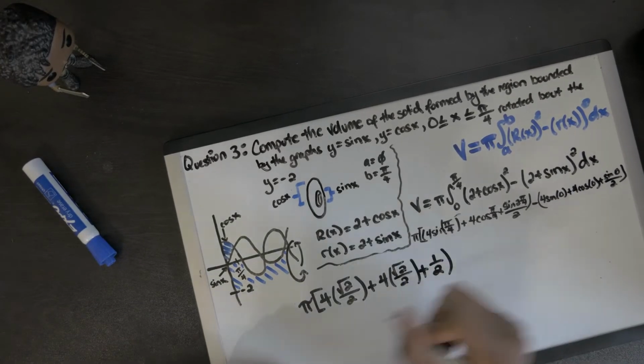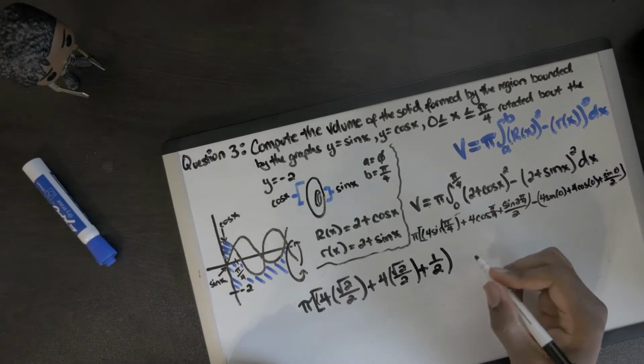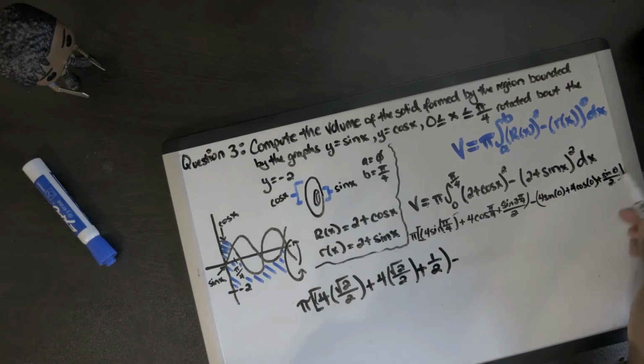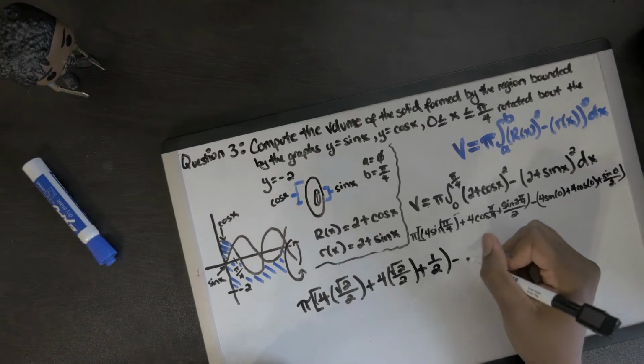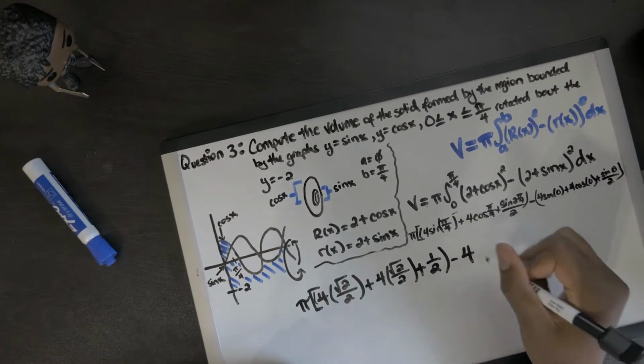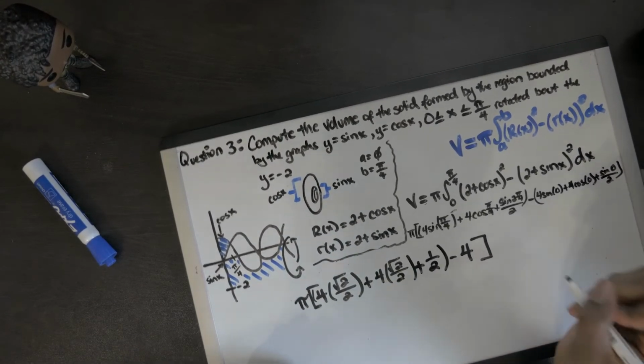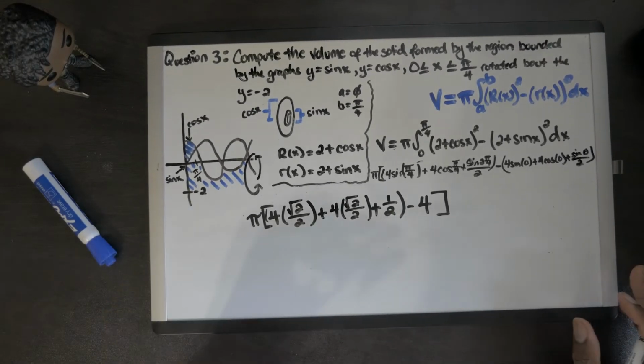Okay, that takes care of the first one. And then the other one, it's a lot simpler because we're actually dealing with zeros. Surprisingly enough, this actually just becomes 4. Okay, and of course we're going to go ahead and put brackets over that.